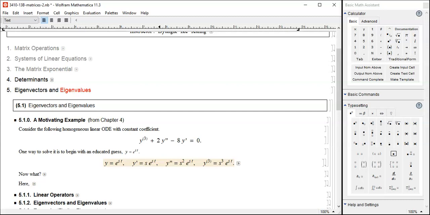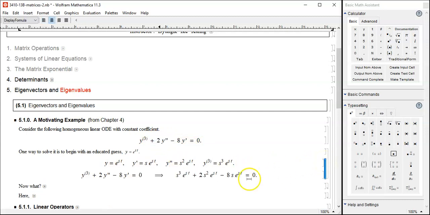Let's plug all those back into the original equation. This one goes in place of the third derivative. This one goes in place of the second derivative, and so on. If you do, this is what you're going to get. Now what? Does everybody recall?